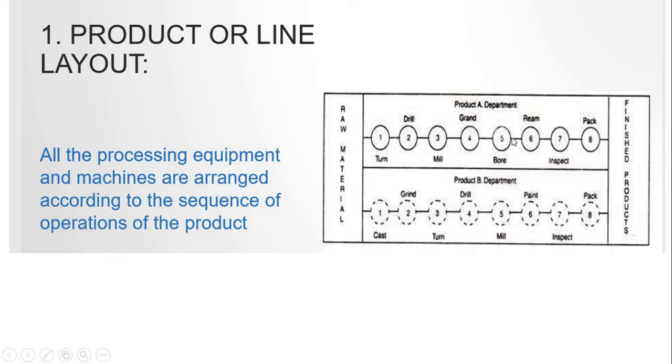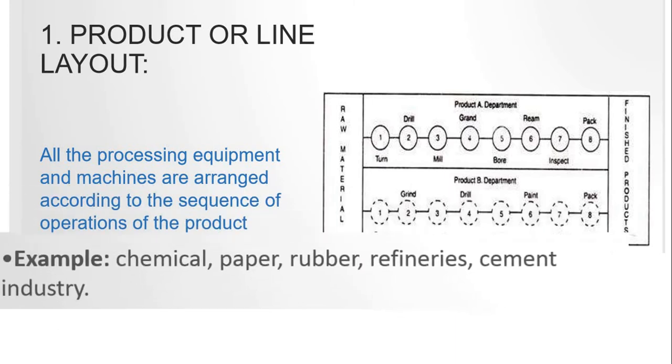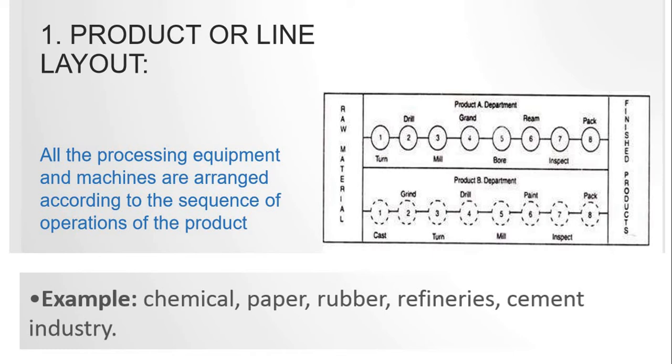So this is one of the very important product or line layouts. For example, chemical industry plants, paper, rubber, refineries, cement industry. These are all the main examples of product or line layout.